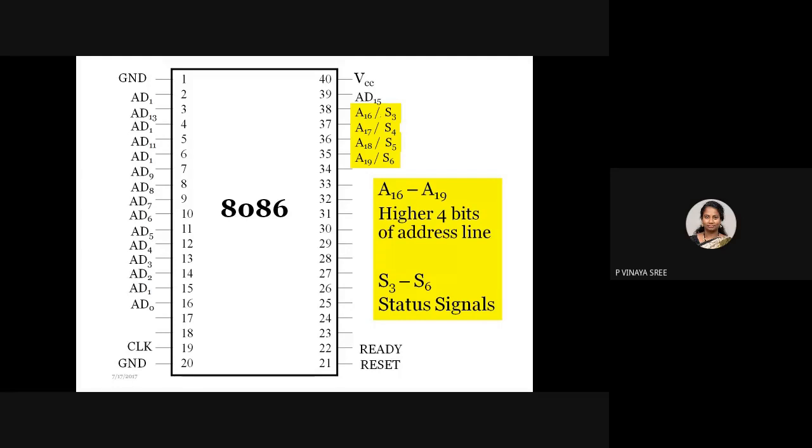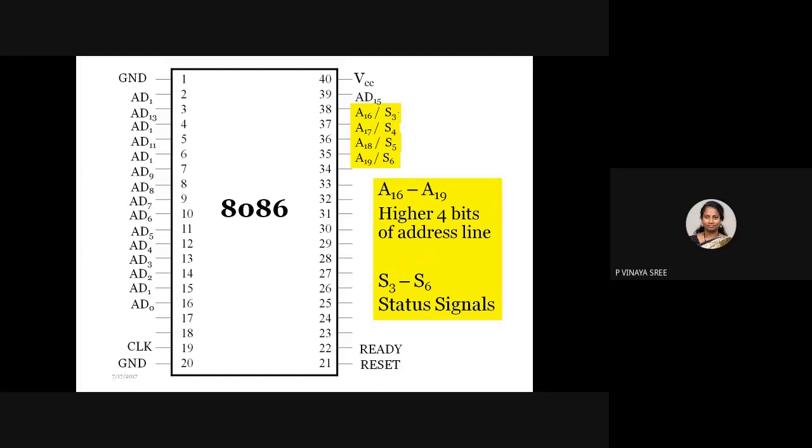Internally it is the same concept. For the first timing signal, this address will be activated. For the next timing signals, status will be there. What is the purpose of the status, which you should know? It is simply given as S3 to S6. These are used for status signals.